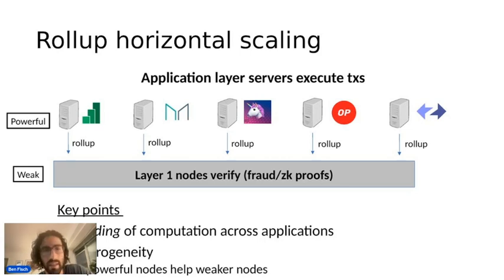They're leveraging the fact that, especially in the case of ZK rollups, they're increasing even the work of some nodes, the powerful nodes that are doing the computation and producing the proofs, while making it easier for the weakest nodes of the system to verify the results. So the layer 1 nodes can be very weak, and we don't get bottlenecked on the weak nodes, whereas at the application layer, the nodes that are actually executing transactions for a given application can be very powerful, and we don't need to have as many of them. They don't need to be as decentralized, in fact.